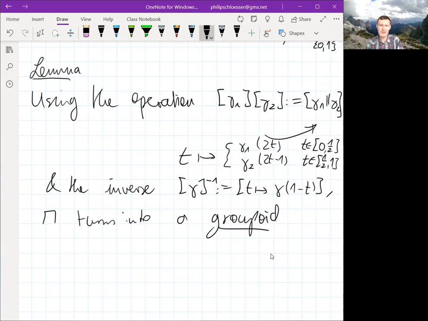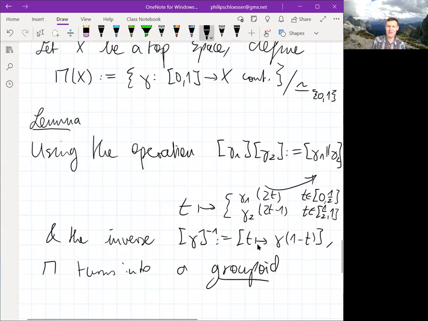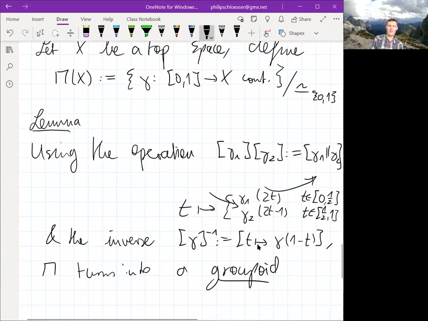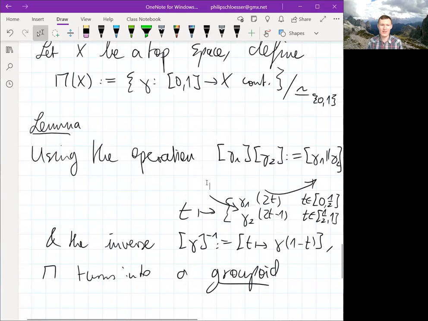Now, what is a groupoid? So we would like it to be a group, but the thing is, and maybe some of you already noticed it, you can only concatenate the paths if at the point 1/2 those functions are actually equal. Or in other words, you can only concatenate two paths if one of them ends where the other one begins. Walking through this one and then walking through this one doesn't define a continuous path.